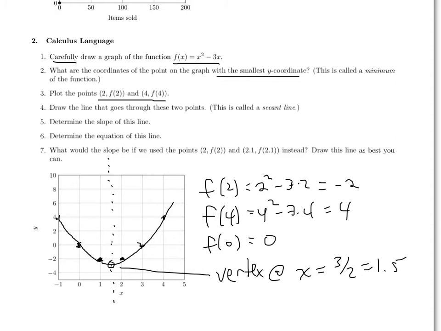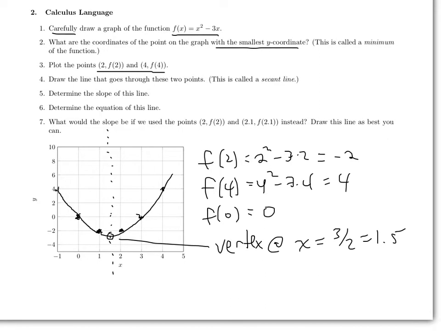Anyway, the question actually asks for the smallest y-coordinate, and I've said what the x-coordinate is. So I never actually told you what the y-coordinate at that point is. I can tell you about what it is, but my graph is pretty rough. So in order to figure out exactly what it is, I would want to calculate f of 1.5. Let me pause this for a second while I use a calculator.